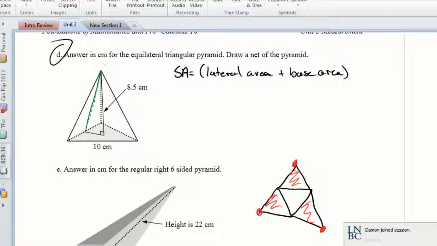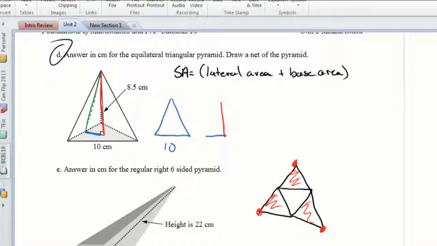If I just took one of these triangles, one of the faces, I know the bottom is 10, and I'm going to end up with this triangle from here down and then across there. So I need to use the information I have to figure out what that's all about. Maybe I'll draw that one too. There's a lot going on here: my red line coming down, my green line going across.